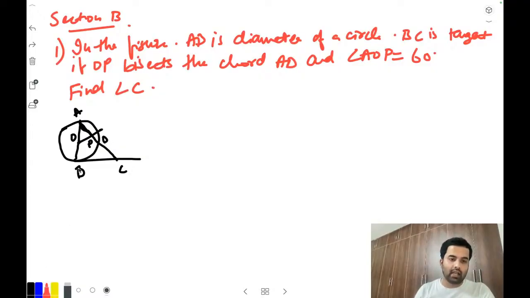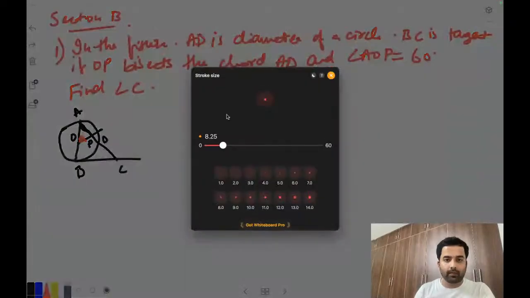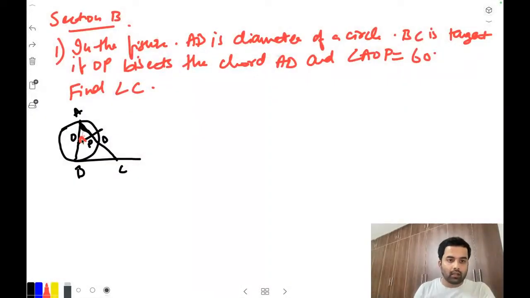Okay, and this angle is given, 60 degree. Let me take a small one. Okay, I'm marking like this. It is given 60 degree. Question is asking about angle C, which means the question asking about this one. What will the angle be? Check this out first diagram, okay?